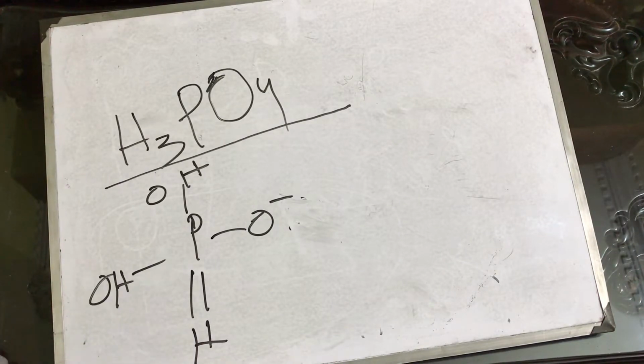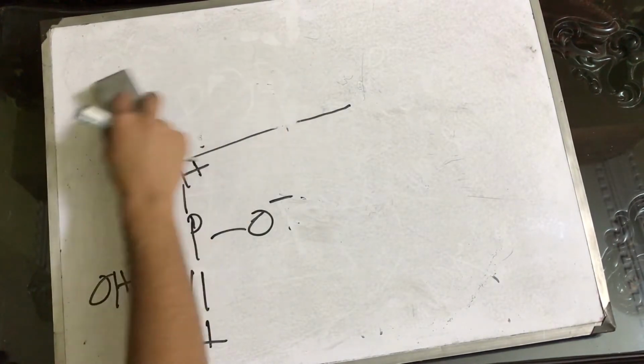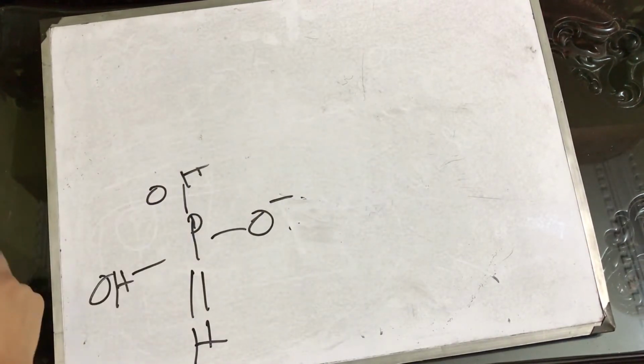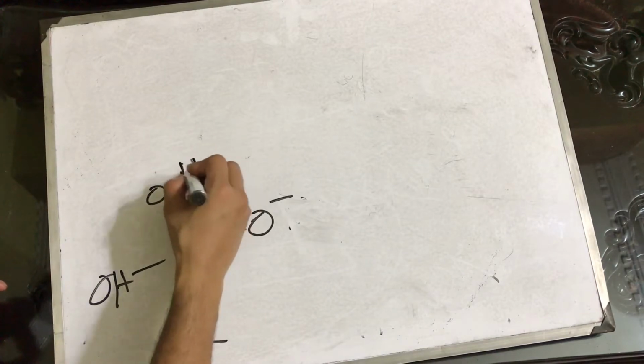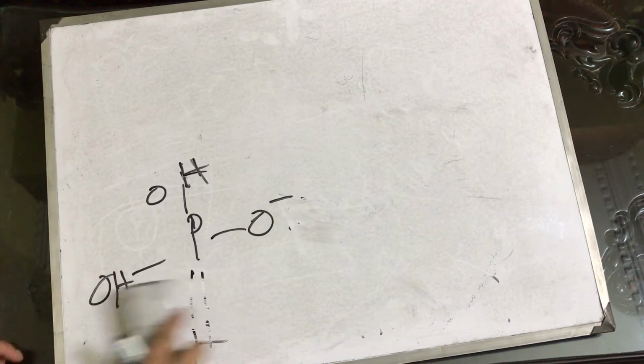You do not need to name it like that, since this is not your chemistry course. So how does this ion, this trihydrogen phosphate ion, form a bond with the carbon number 5 of the pentose sugar?